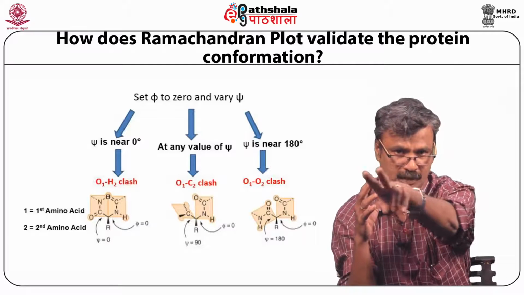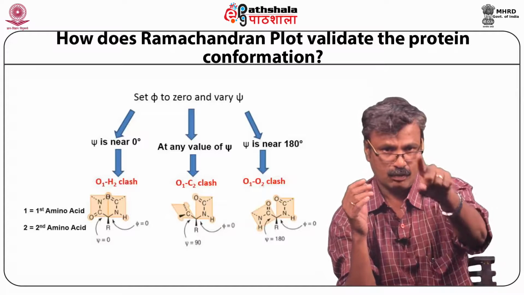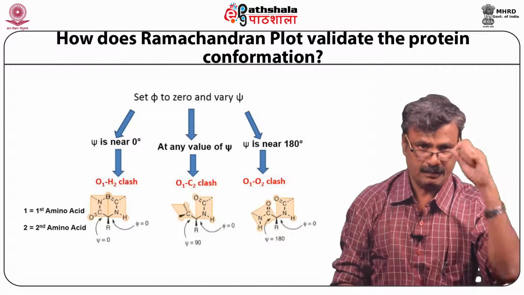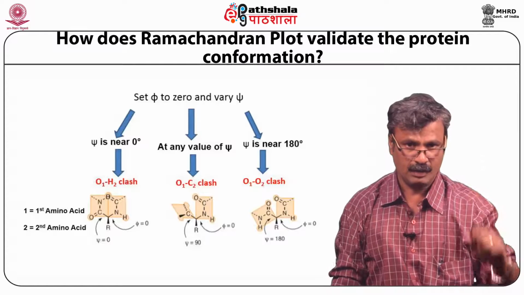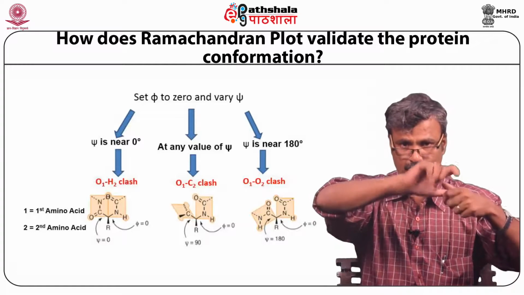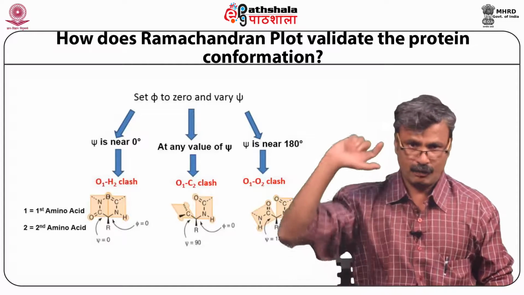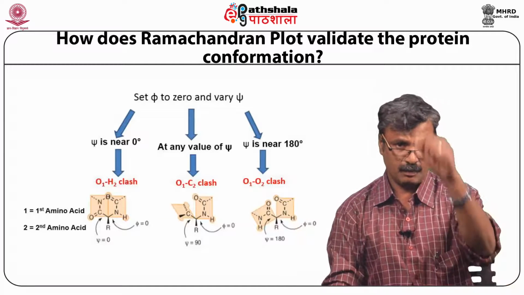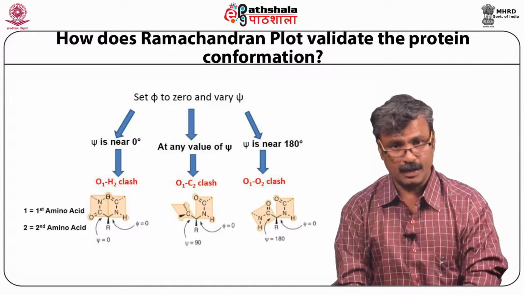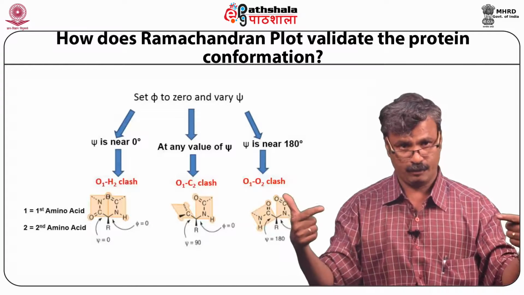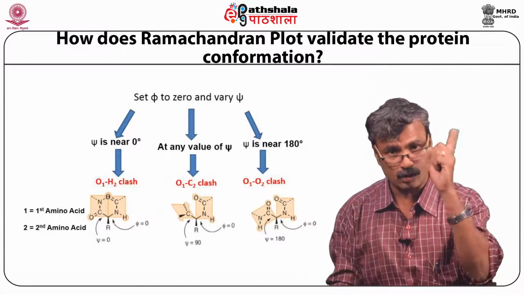In this picture you can see 3 strategies. In the first strategy, the phi torsion angle is set as 0 and the psi torsion angle is varied. In another, psi is set to 0 and phi is varied. And in the middle, the phi and psi combination talks about only the backbone, whereas side chains are also important.